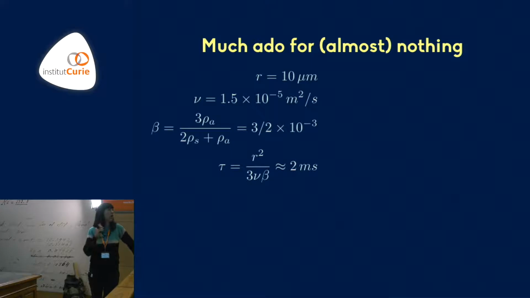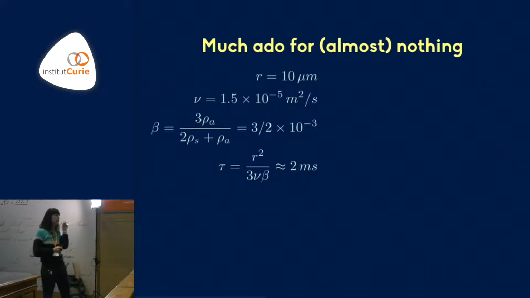Okay? The meaning of the Stokes time scale is how long it takes for a particle to react to the fluid that surrounds it. Okay? So say, for example, you're ejected at a huge velocity. It will take you a while to get adjusted to the fact that around you nobody's moving, the air is still. Okay? So that time scale is the time scale over which you decelerate to rest in our case.